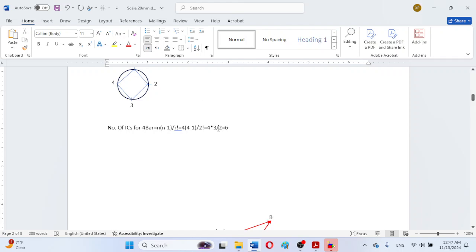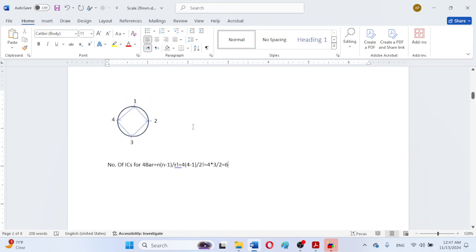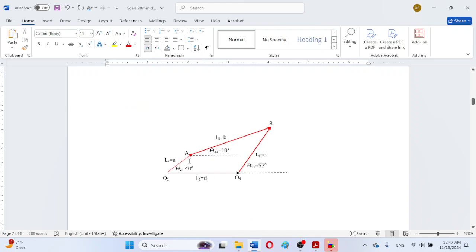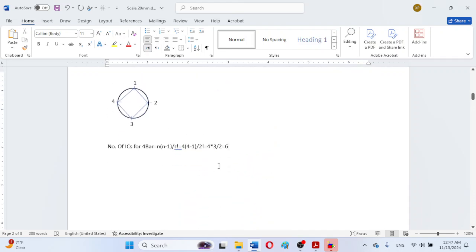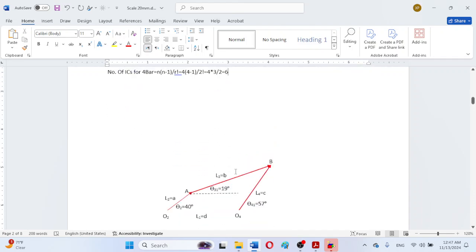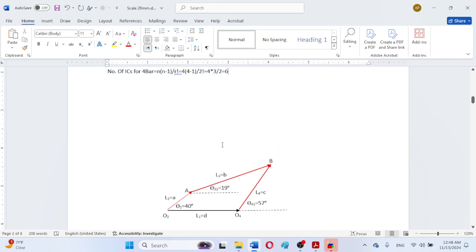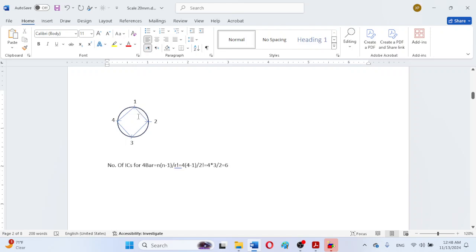So there are a total of 6 instant centers for the 4-bar revolute jointed mechanism, all of which are pin joints. Four instant centers, O2, A, B and O4, are readily physically available in the mechanism, but 6 minus 4, that is 2, are still required to be determined, which will be determined with the help of this linear graph.